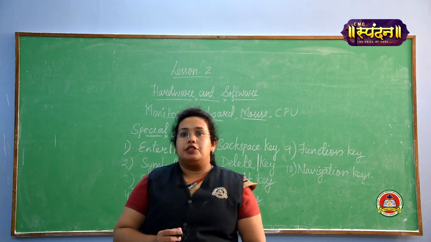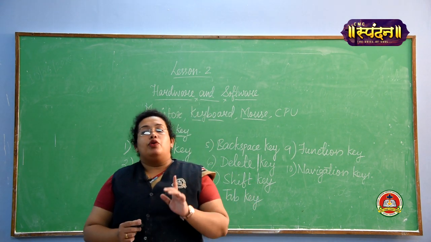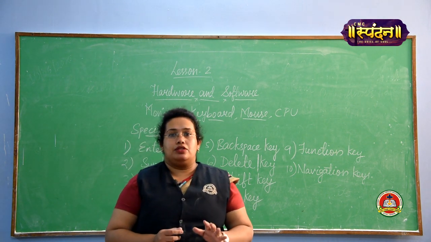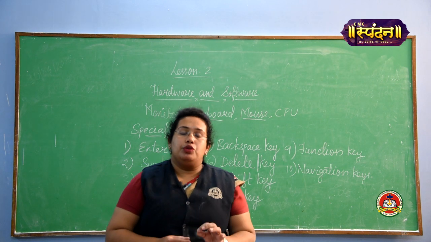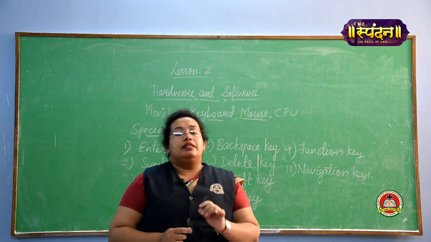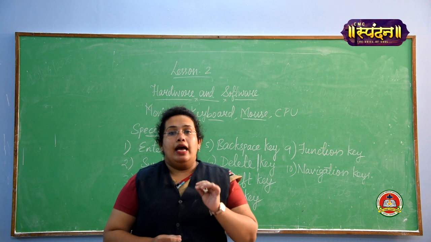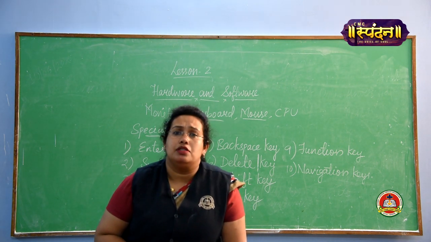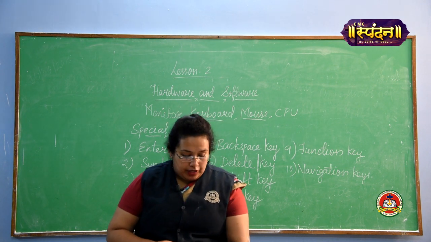So all the exercise part you will get in the WhatsApp group. I will make a PDF file, and in that you will get all the exercises, and you will note them down in your book and answer the following in a sheet of paper and paste it between the exercise pages.